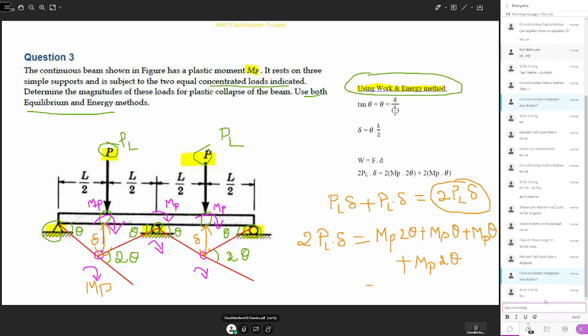This will be 6 MP into theta. Again you can replace delta in this case. Delta will be theta L over 2. So delta is theta L over 2. So you can write 2 PL, theta L over 2.